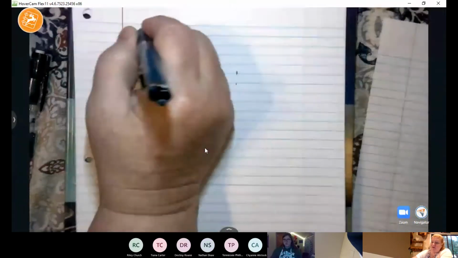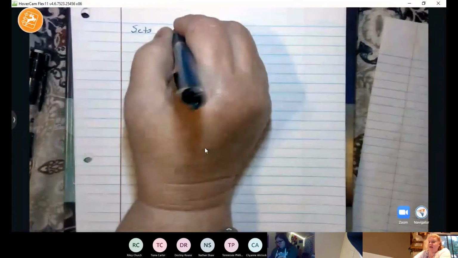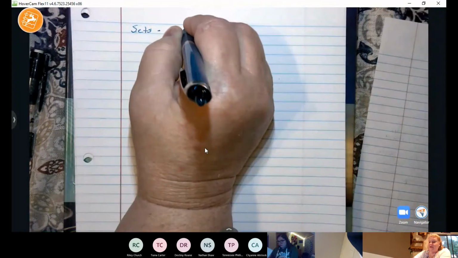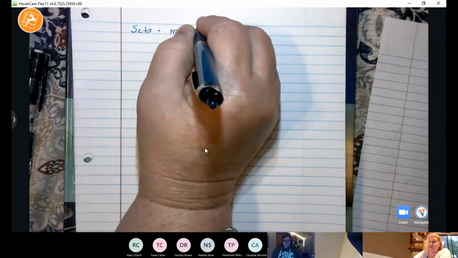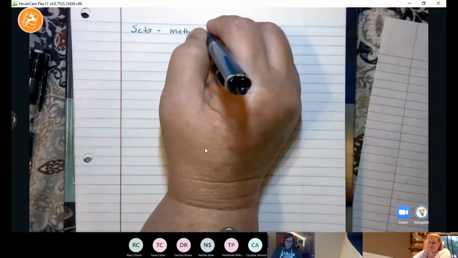All right. So our first lesson starts our first unit, which the topic is sets. And sets is just a method to collect information, to organize information, to sort information.